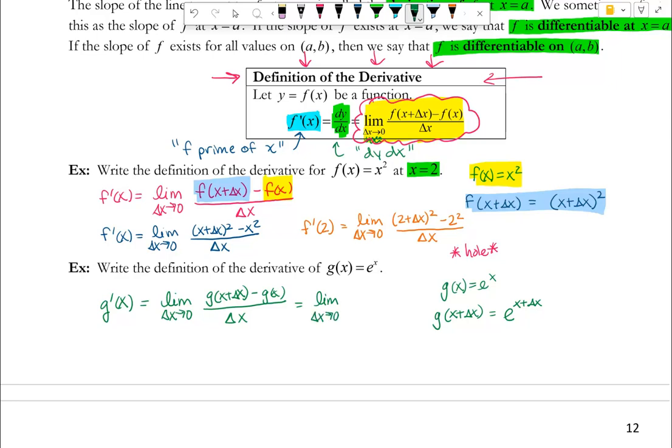So I want to plug in my function here. So e to the x plus delta x minus e to the x, all of that over delta x. So this is our specific definition of the derivative of g when g is equal to the function e to the x. The notation can look a little confusing at first, and that's okay. But this is such an important topic for us in calculus, and we're going to use derivatives to understand rates of change.